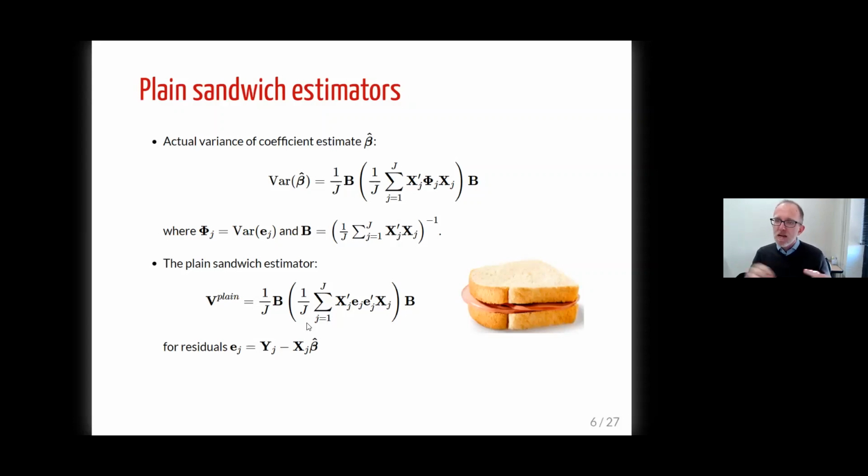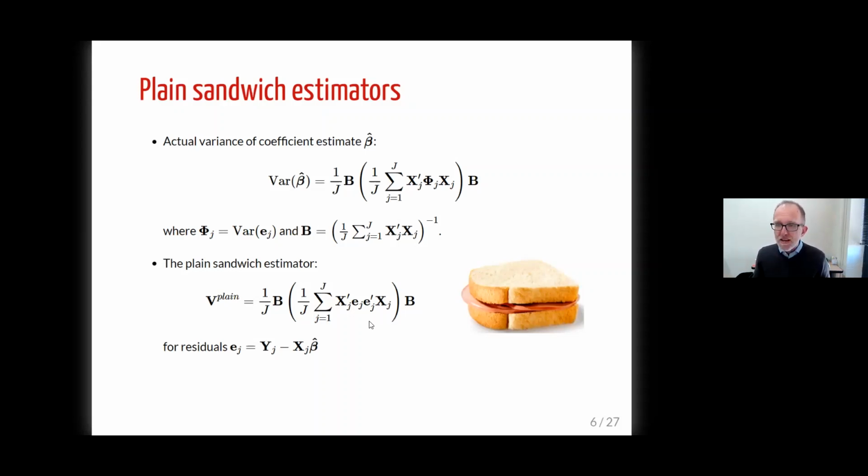And if the number of clusters is large enough, as it goes to infinity, or as it gets bigger and bigger, this bit in the middle is actually a consistent estimator of the true bit in the middle. Just by the weak law of large numbers, right? So averaging a bunch of stuff together, it will eventually converge to the truth under fairly general assumptions.